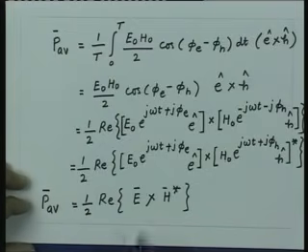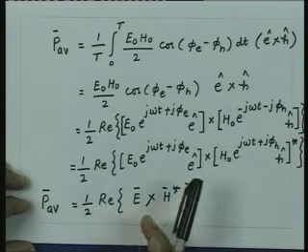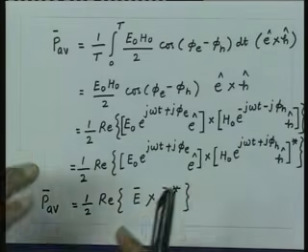So, in general it is possible, if you take the electric and magnetic fields, you will have the complex power. The real part of that quantity gives me the net power flow at that location, but the imaginary part of that quantity, E cross H conjugate, gives me the power which is oscillating around that point.